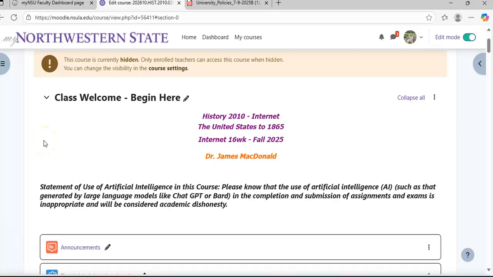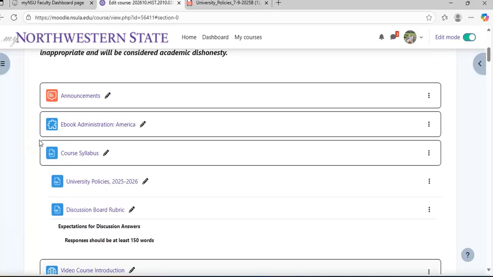So I'm just going to give you a gentle kind of public service announcement, you might call it, that using AI, look, if you are told to use AI in certain classes, great. In this one, don't. So when we get to the discussions and you answer it, I want it to be in your own words, not AI generated, and there are ways to check it, not taken off the internet. 150 words is easy, very straightforward.